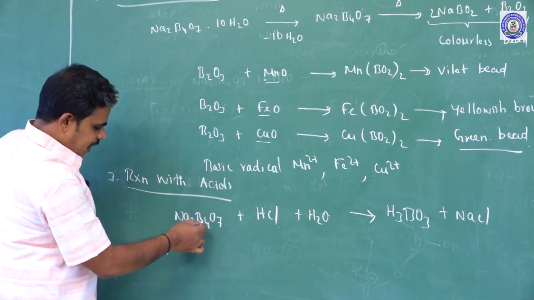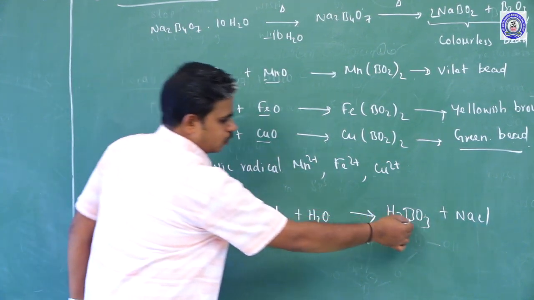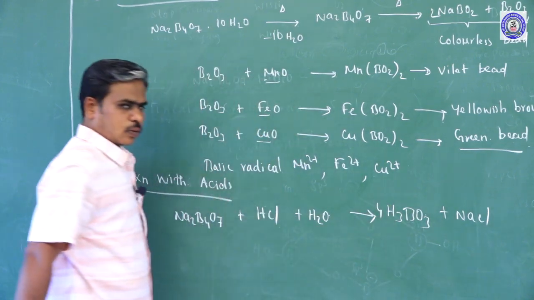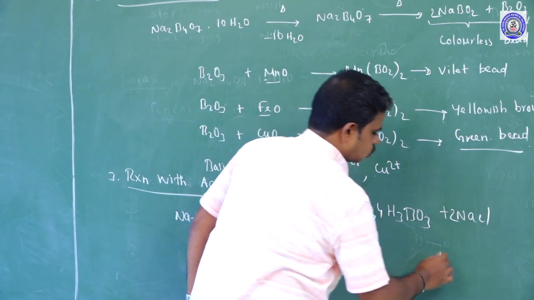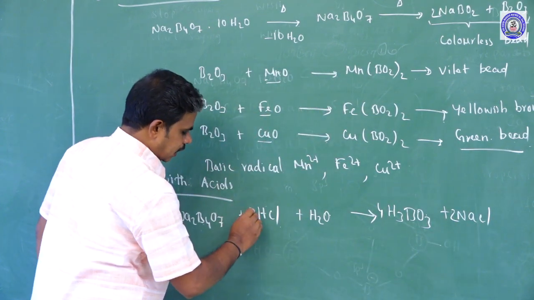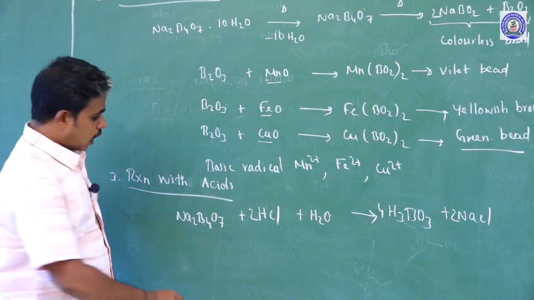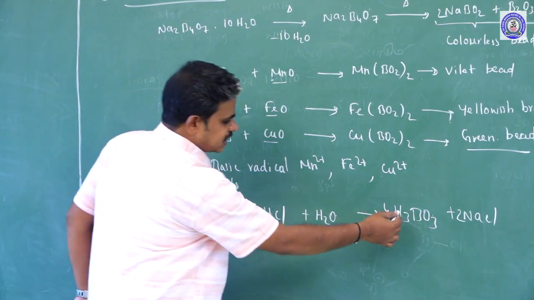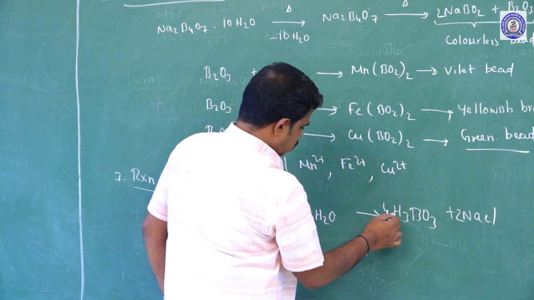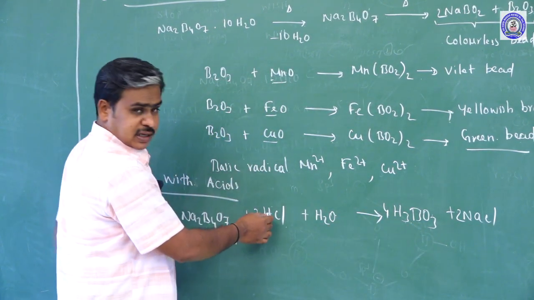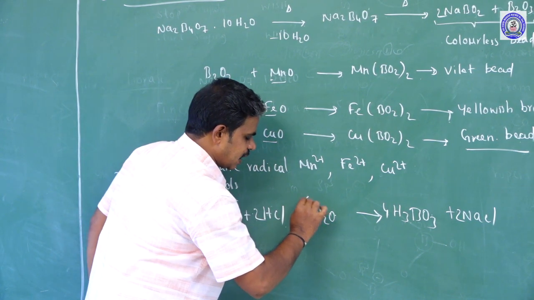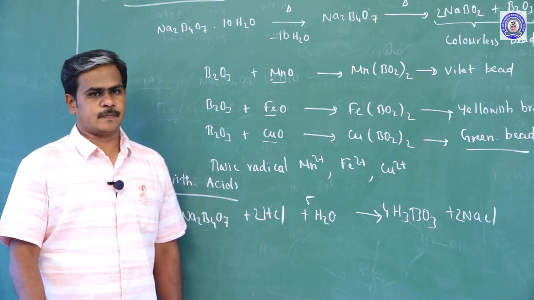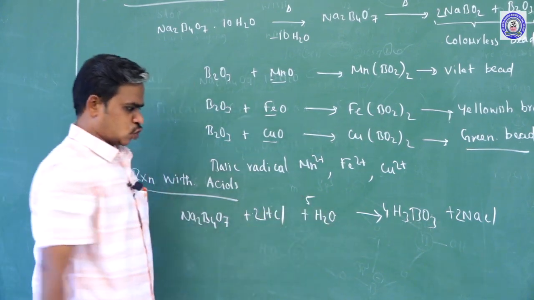Now we may balance. B4, so that 1 boron becomes 4. Now sodium 2, so that here it is 2. So 2 chlorine and here 2 chlorine. Now hydrogen. How many hydrogens are there? It is 12. 2 hydrogens are there, so the remaining 10 hydrogens are balanced by 5 molecules of water, so that it is 5H2O.